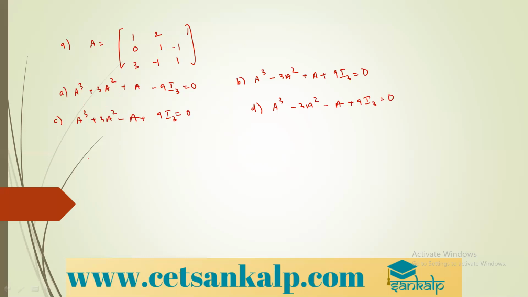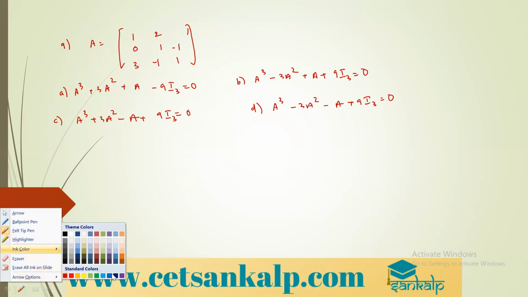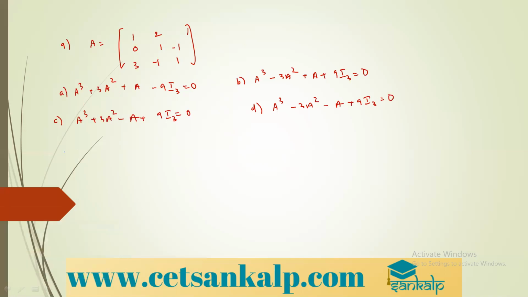Which one is correct? So as I told you, the shortcut method, we will go that way. I will find the determinant of A minus xI and set it equal to 0.